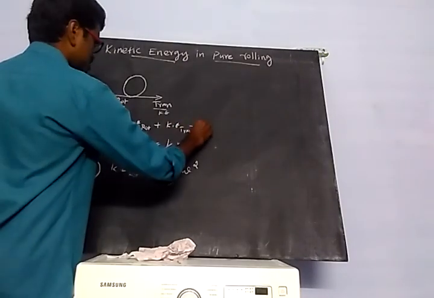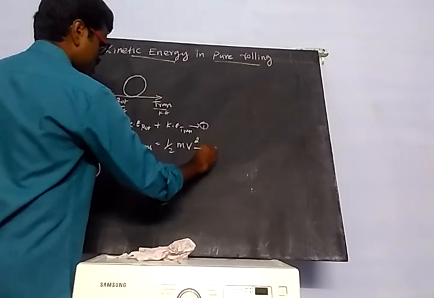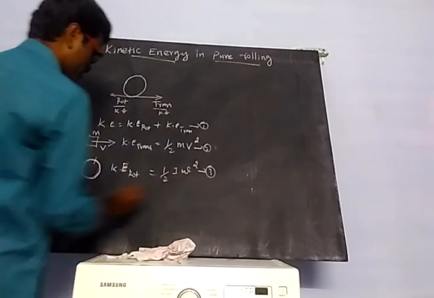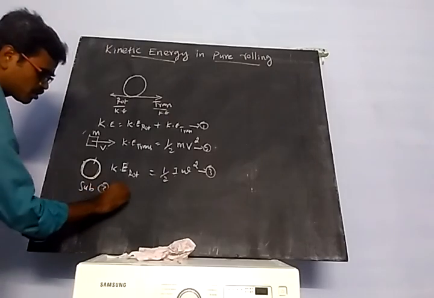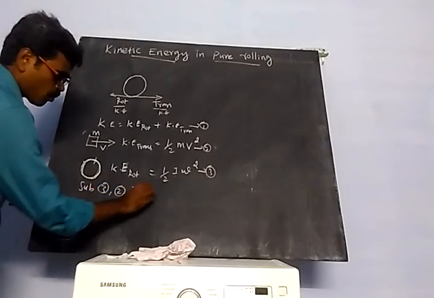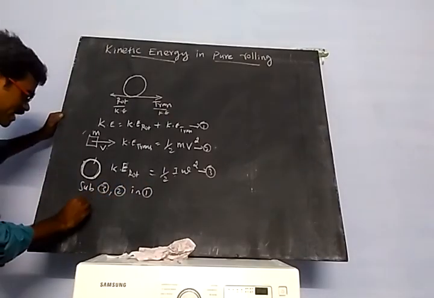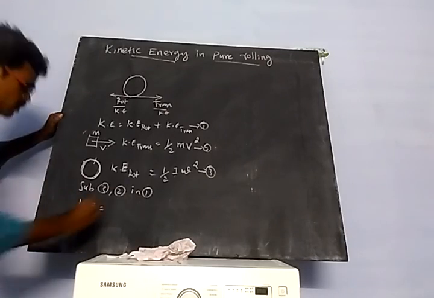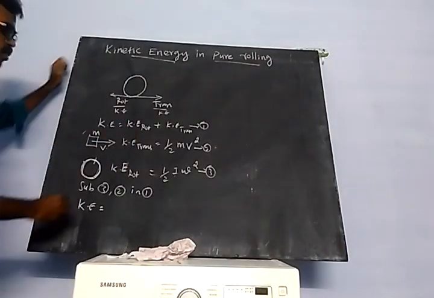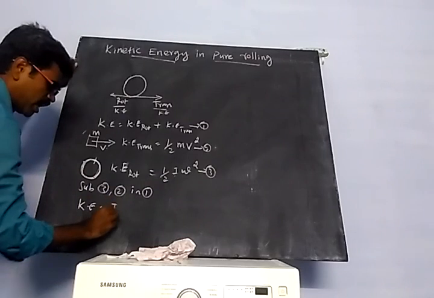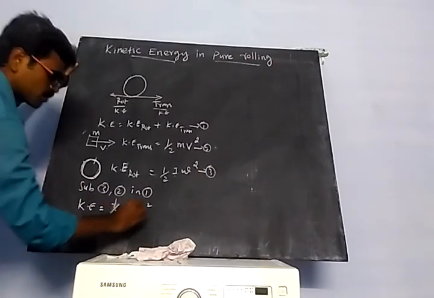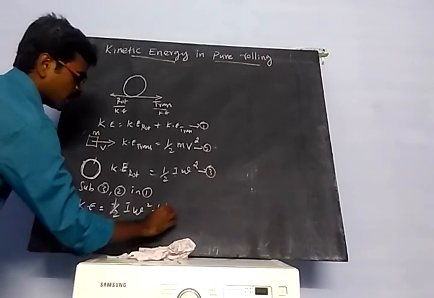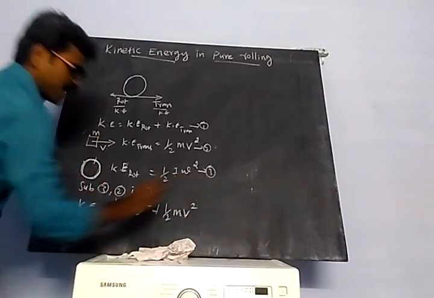This is the first equation, this the second, and this the third. Substituting 2 and 3 in 1, we get kinetic energy equal to half I omega square plus half m v square.